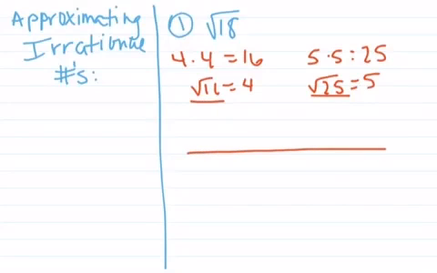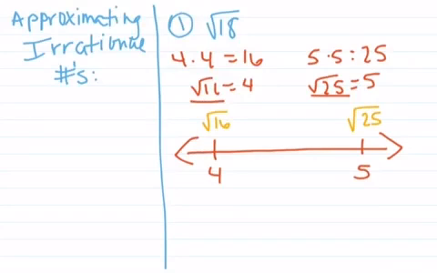So if I wanted to plot this on a number line, here's 4 and here's 5, I know that the square root of 16 is 4, the square root of 25 is 5. So where would I put the square root of 18? Is 18 closer to that 16 or 25?